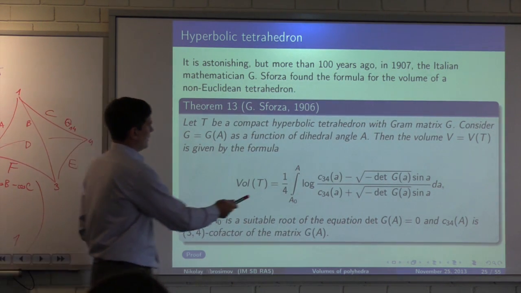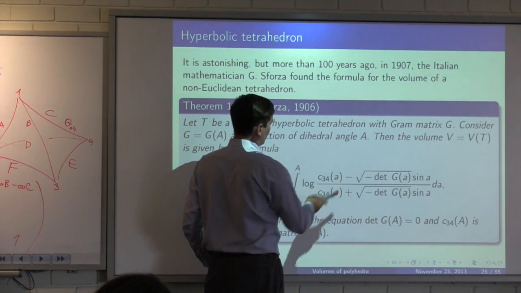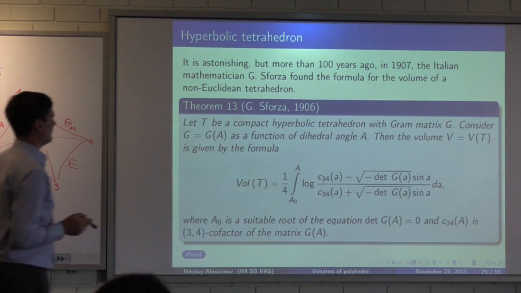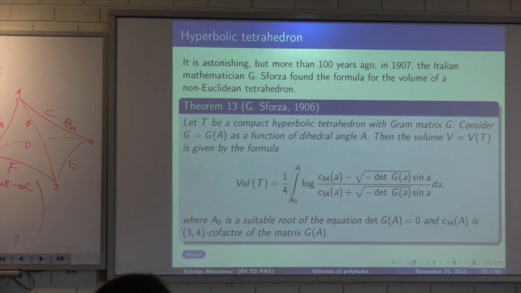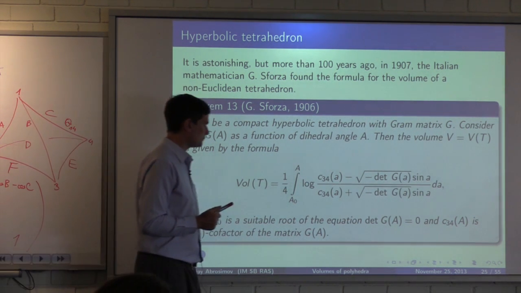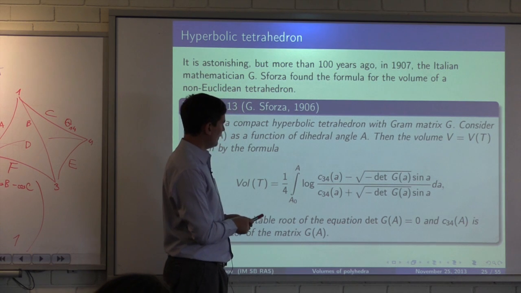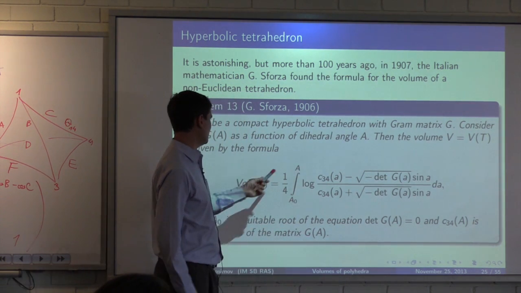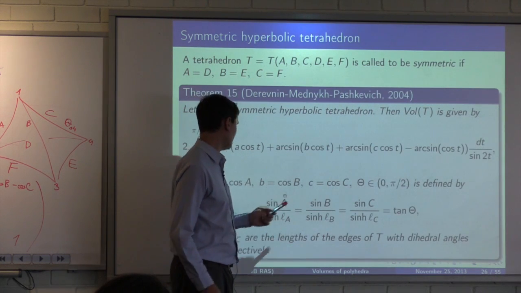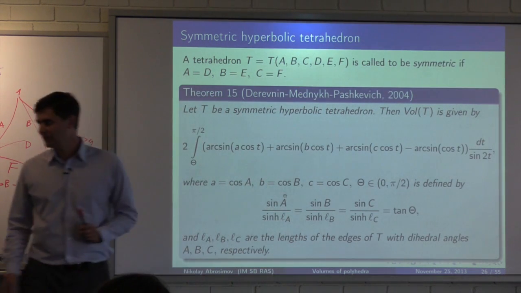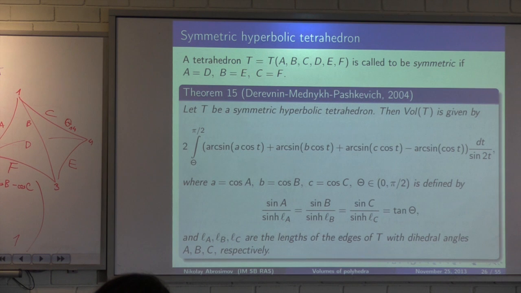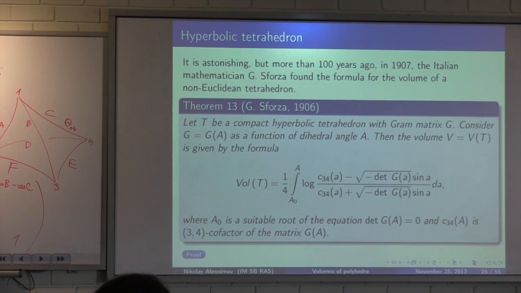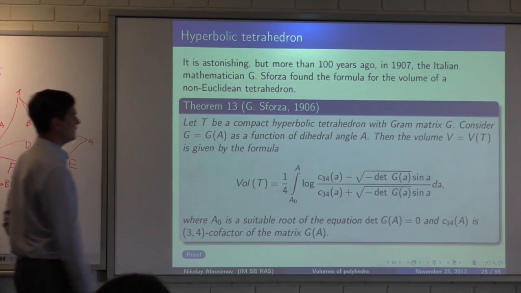And what is C sub 3,4 here? That is the 3,4 cofactor of the Gram matrix. And here, the integration limits: the lower integration limit is just the root of the integrand.